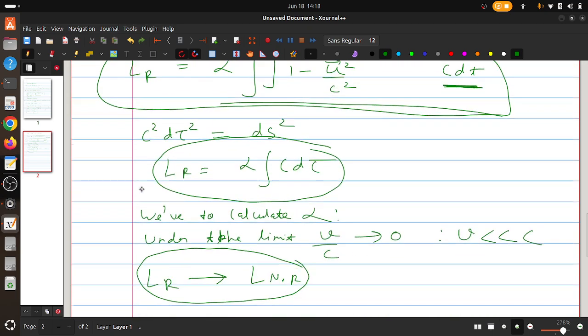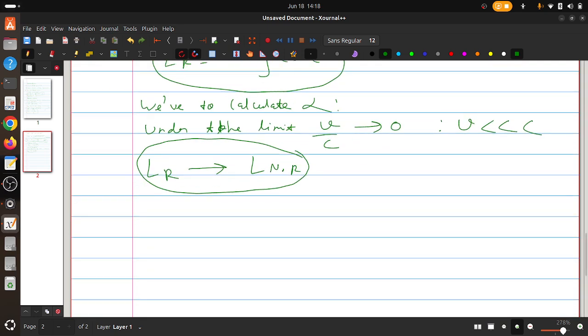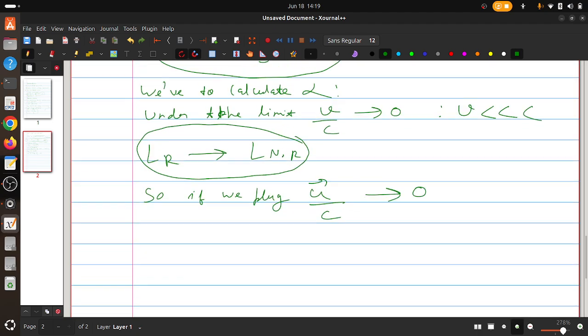From here, if we plug in the limit u by c to be 0, then we should get the relativistic Lagrangian to be something like half m u squared, isn't it?